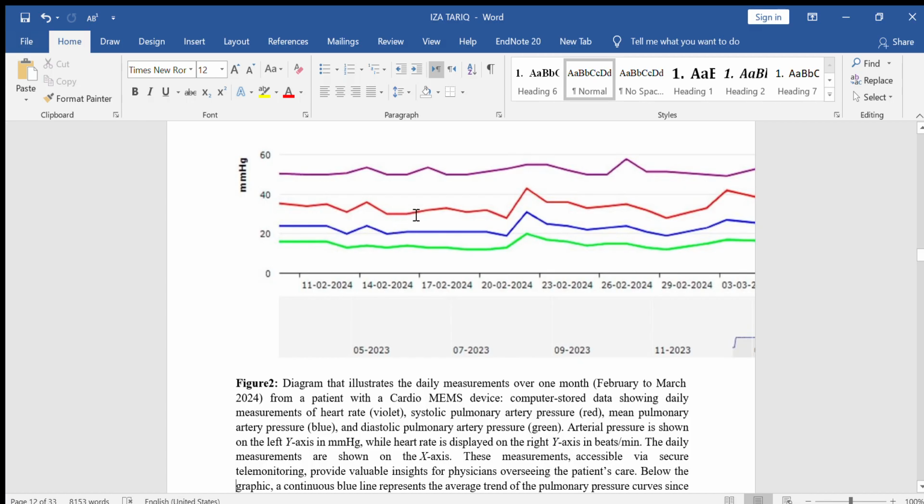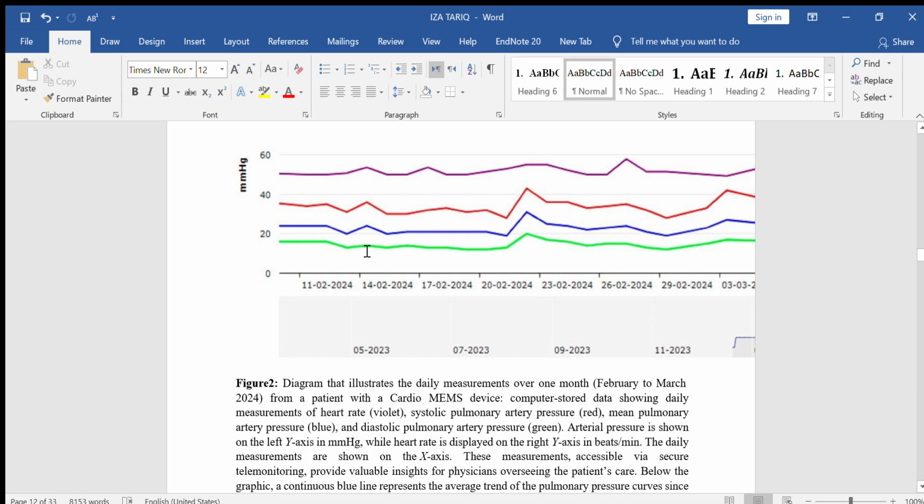The heart rate is on the y-axis, and these are measurements day by day.